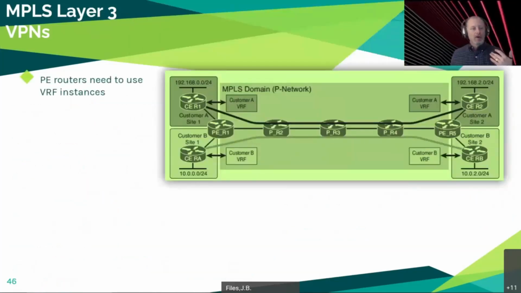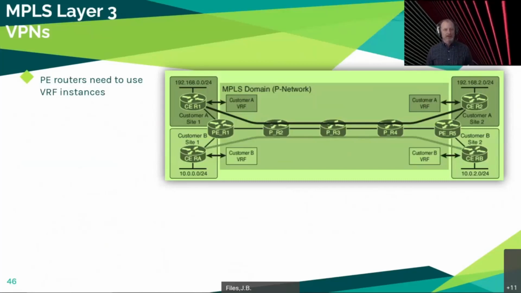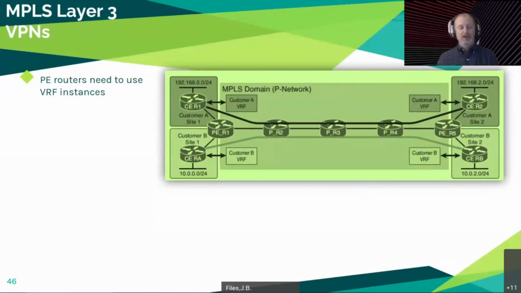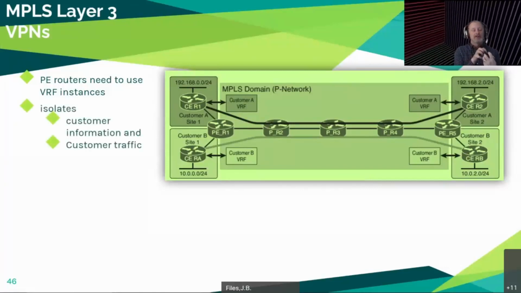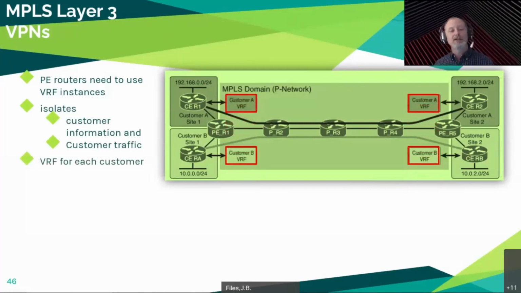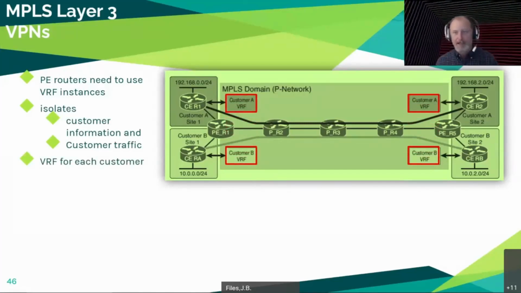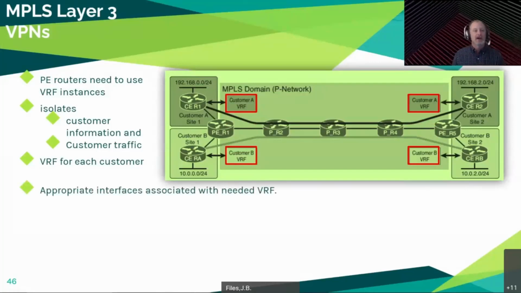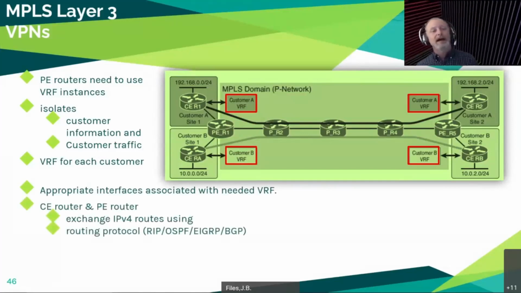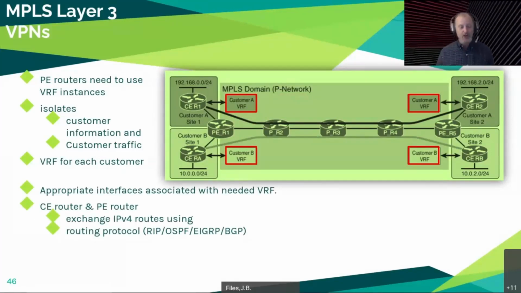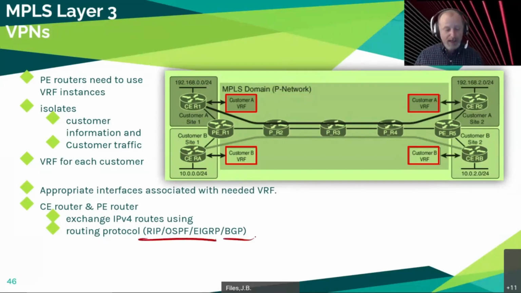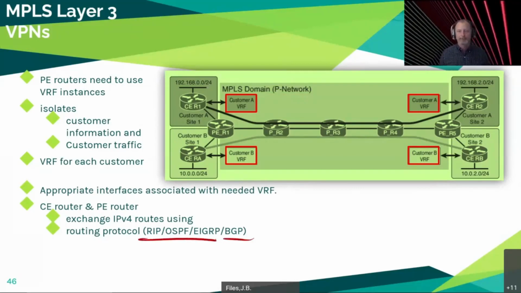Okay, so the provider edge routers are going to need to use VRF instances so that the customers and their traffic are separate. There's a separate VRF for each customer. All right, and then the appropriate interfaces are associated with the needed VRF. Customer edge router and provider edge router are going to exchange routes using some routing protocol. It could be interior or exterior. All right.